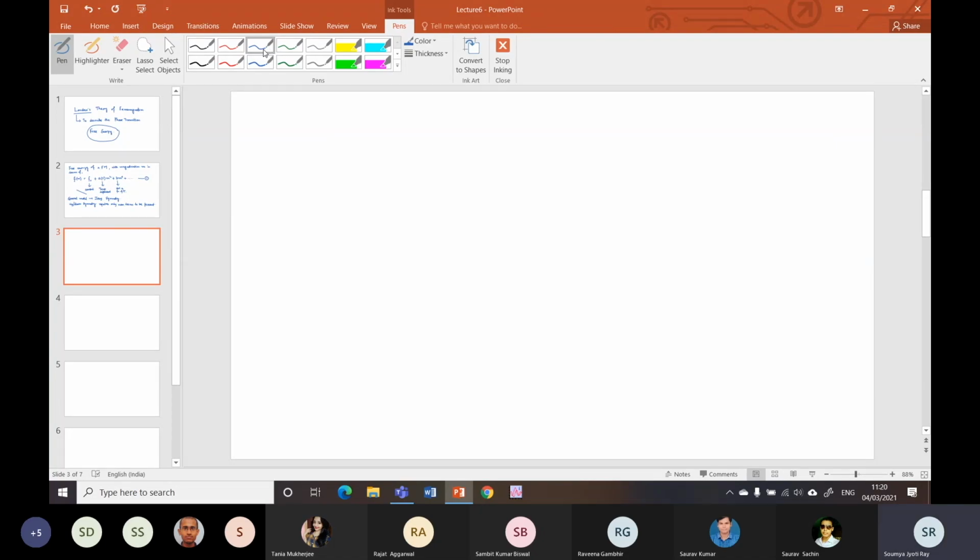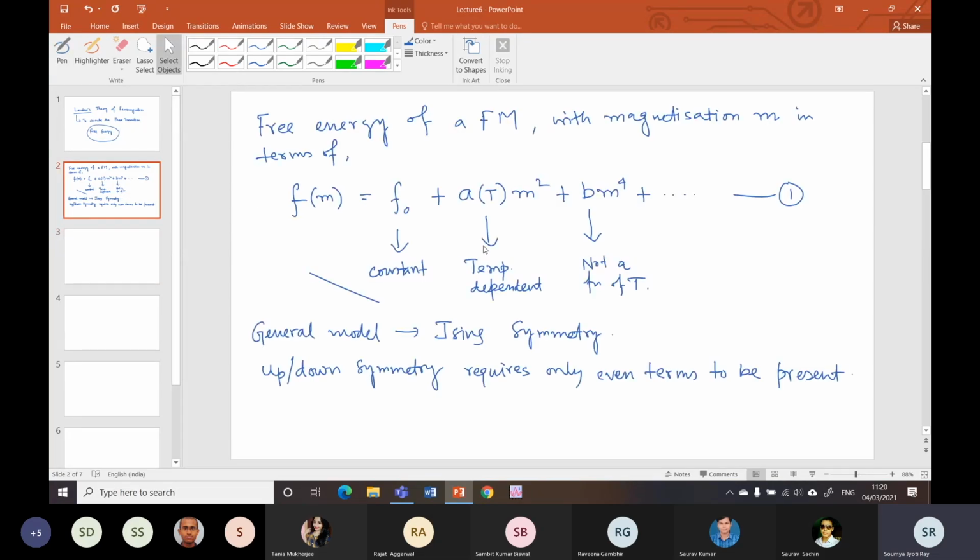Okay. So now here, as we said, this A(T) is a function of temperature, and B is not a function of temperature, and usually we assume B to be positive.